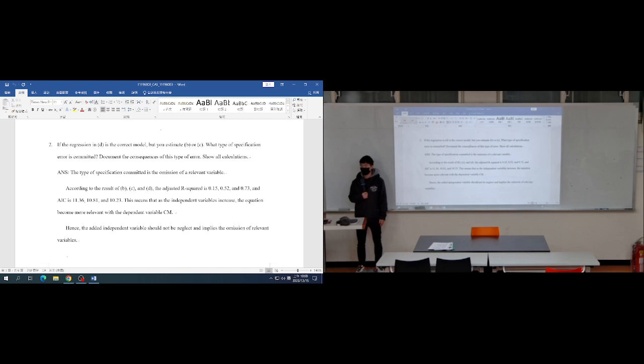You can self-check whether you really understand the concept by doing those bias calculations, whether you understand the specification error committed in this question. This is what we call the bias part. So you have to show all this bias.